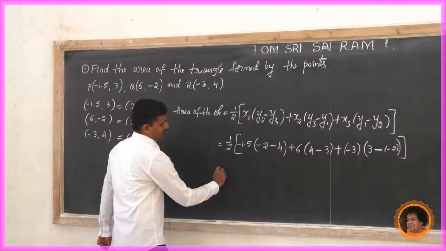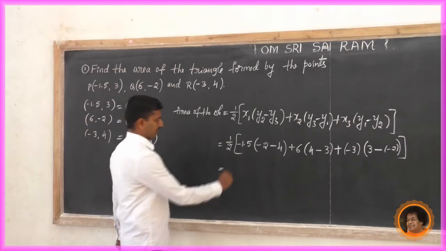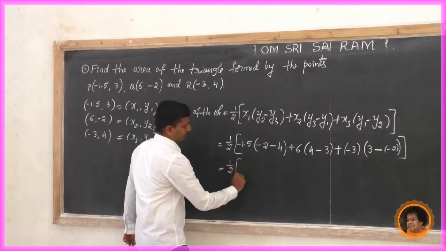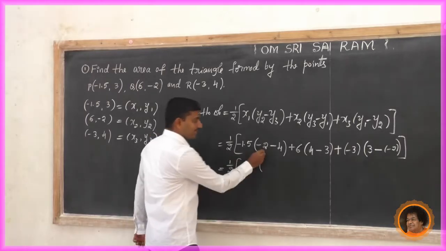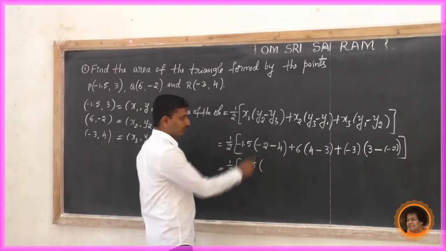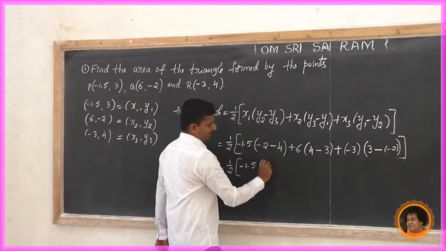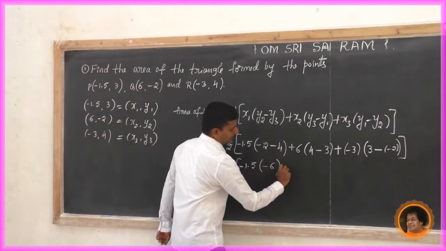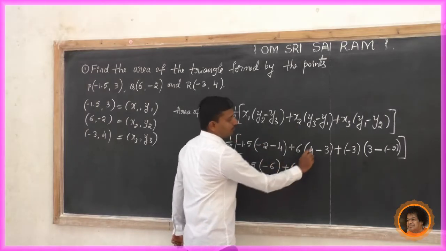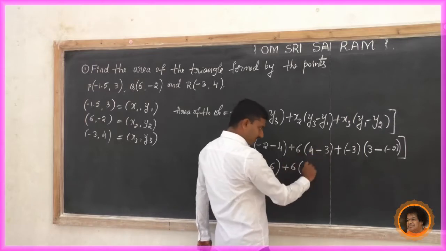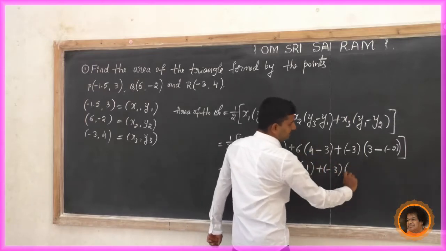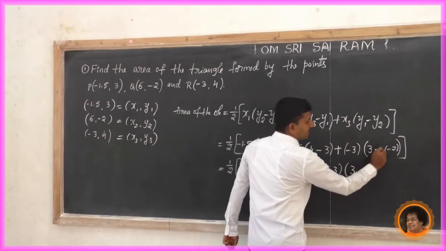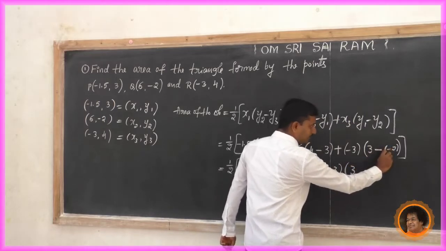On simplification, we get the area of the triangle: half into -1.5 into (-2 minus 4). Minus 2 minus 4 is -6. Plus 6 into (4 minus 3), and 4 minus 3 is 1. Plus -3 into (3 minus (-2)).